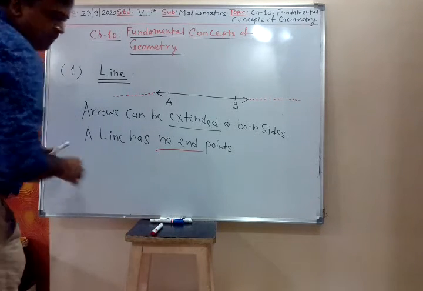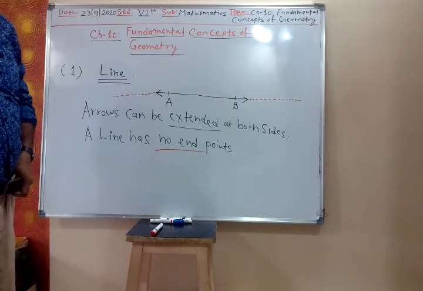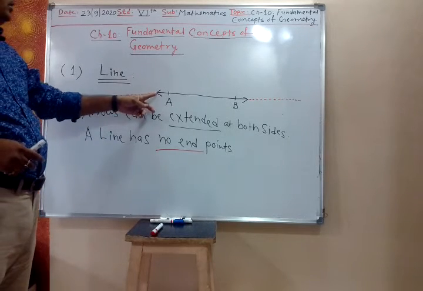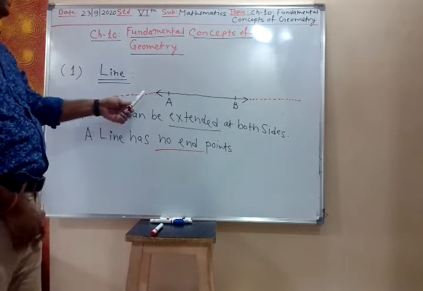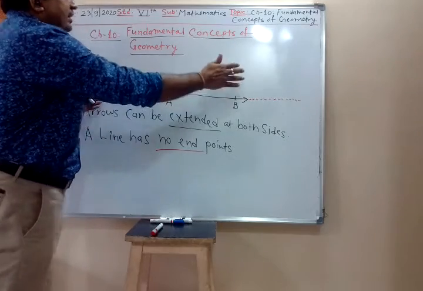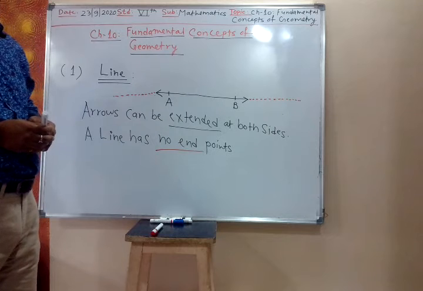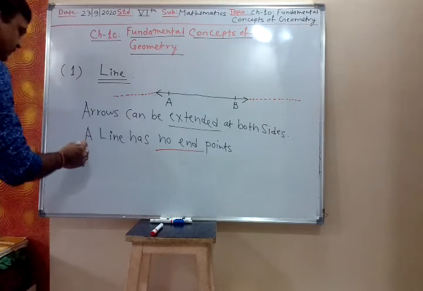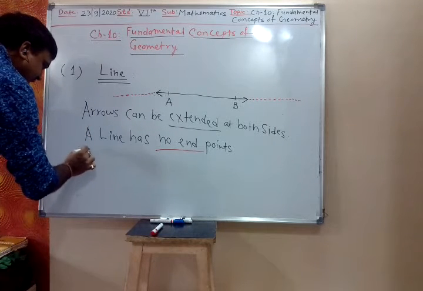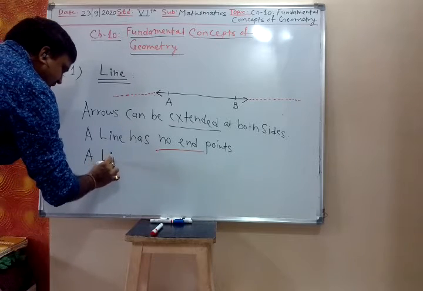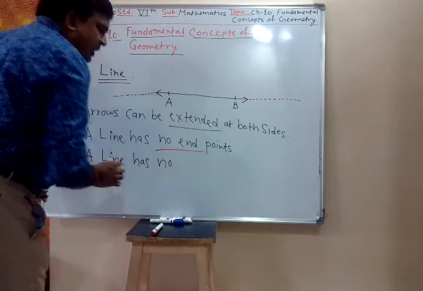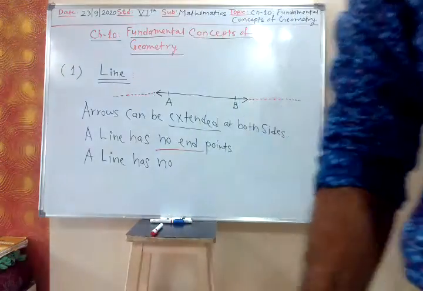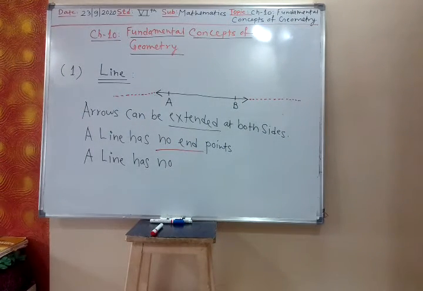So we write: whenever the line can be extended, it will not have definite length. A line has no definite length because it can be extended from both the arrow sides.